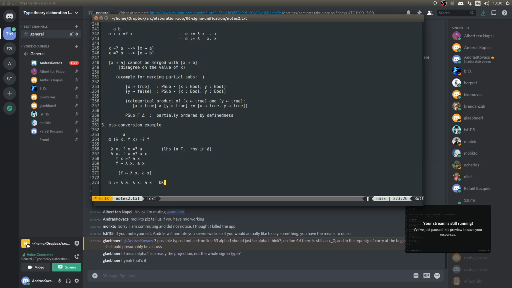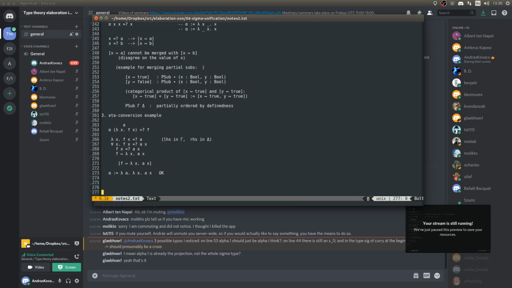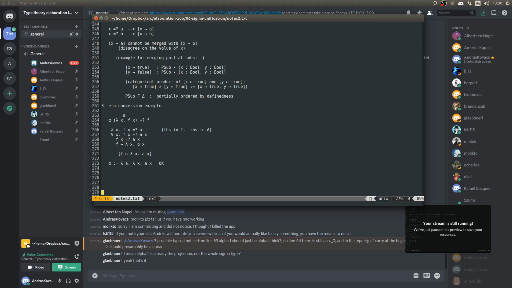Okay. And now it works nicely. And the nice thing is that this also works if we have sigma types, and it's also just effectively linear time in every case.